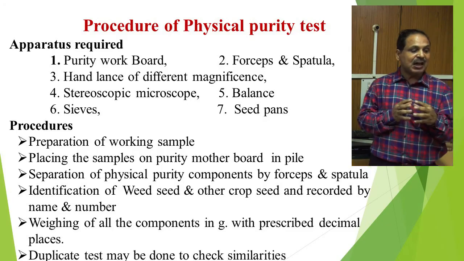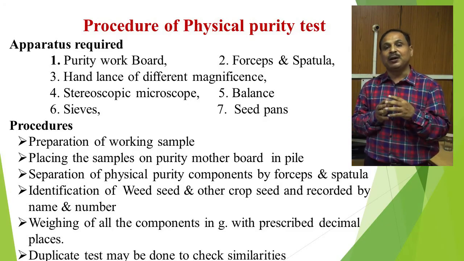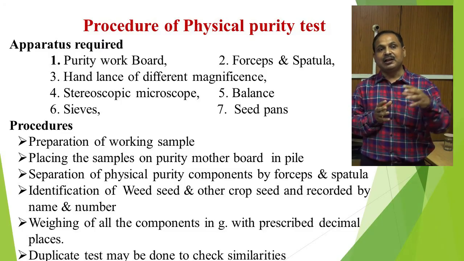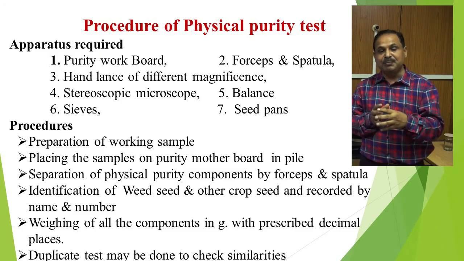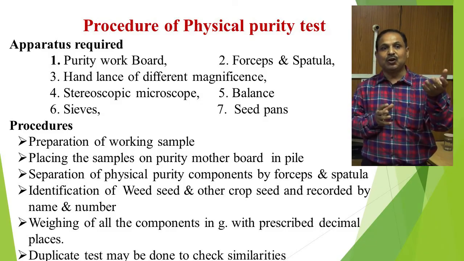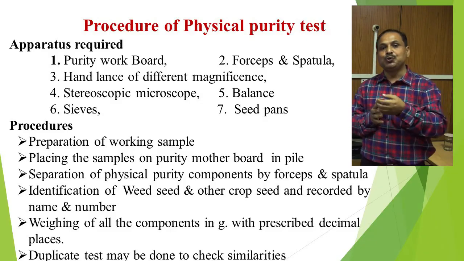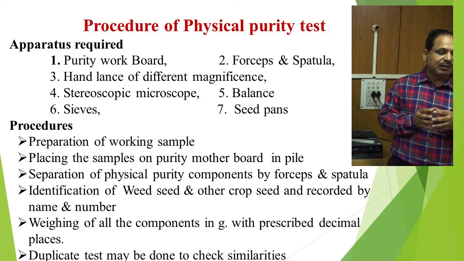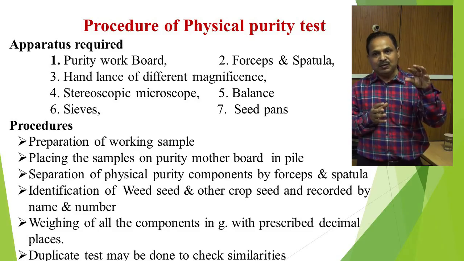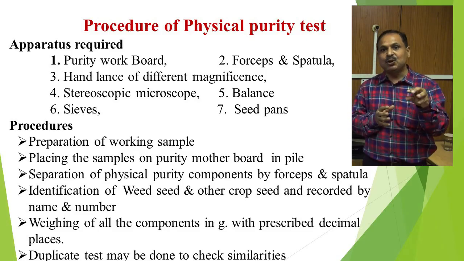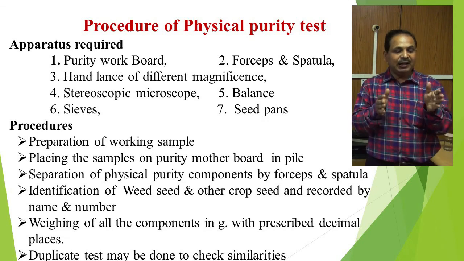The procedure is as follows: first we prepare the working sample, by reduction of the submitted seed sample by different mechanical means, such as the gamete divider or the Boerner divider. Then the working seed sample is placed on the purity workboard in piles.